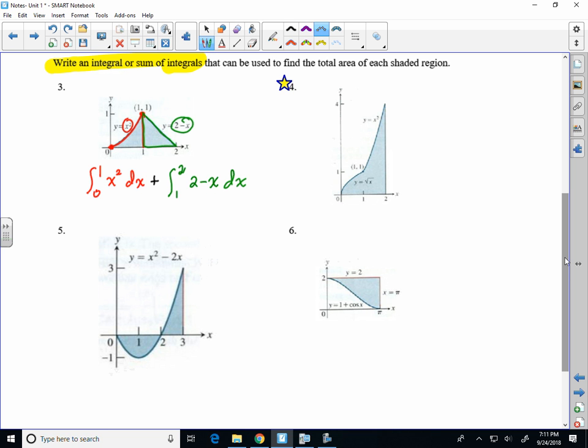No change in function. No change in f of x. That's great, which means that if there is no change in function, I can write a single integral that will cover the entire area.